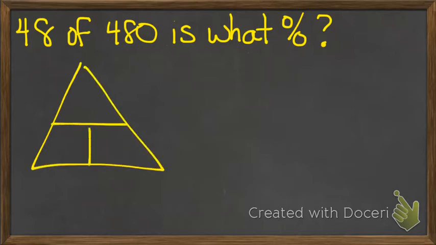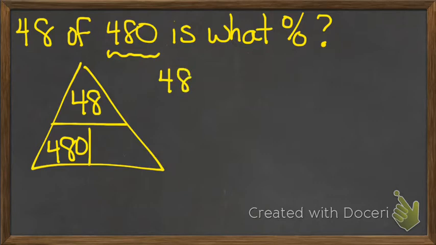Remember, rule number one is the word of, and right after the word of comes 480. So that goes right downstairs. There's no percent, and the leftover number I haven't used yet, 48, goes on top of the triangle. So it looks like 48 over 480.